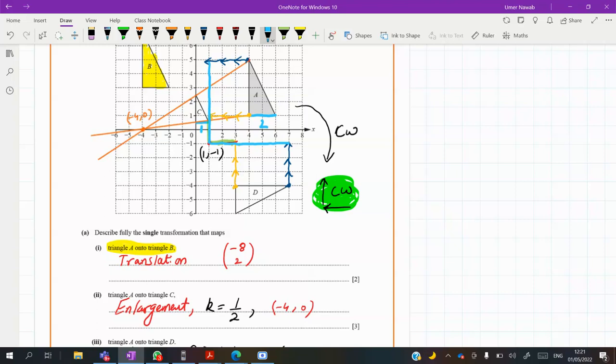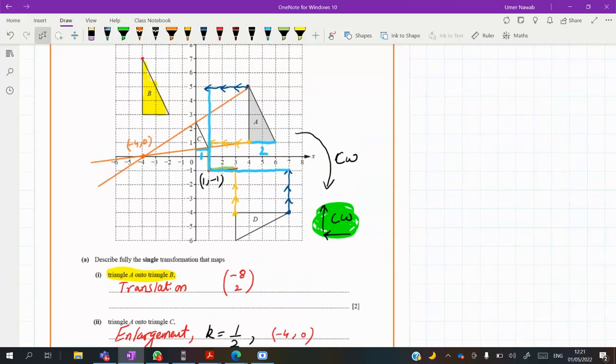Some other students can use tracing paper, and as I told you, if you want to use tracing paper, you need to put the tracing paper on top of the figure and trace the x-axis and y-axis, and also triangle D and triangle A. Then the challenge is where you need to place the needle of the compass, and then you rotate the tracing paper about that point where you are pressing the needle of the compass.